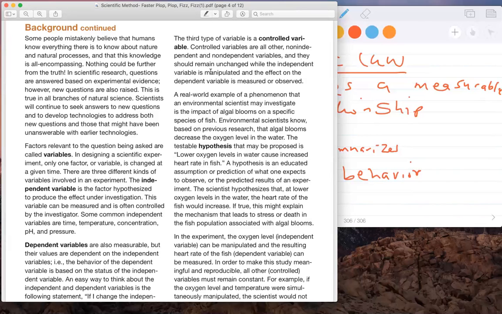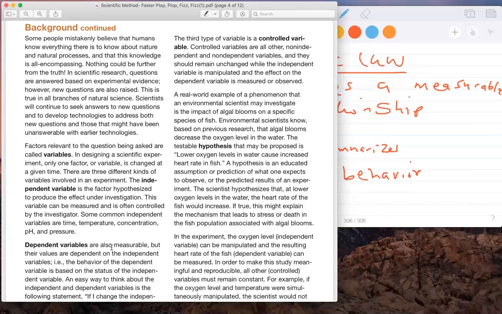It doesn't mean that anything can go anywhere on the graph. It boils down to understanding the difference between independent and dependent. Independent, from the word, means it does not depend on the other variable. A dependent variable depends on the other one.